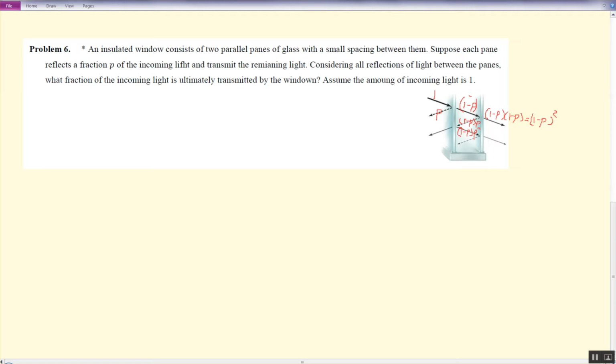So p times that amount, which means p squared. So 1 minus p times p squared. When it travels through the second panel, only 1 minus p of those, right? So times the previous one, you get (1 minus p) squared times p squared.